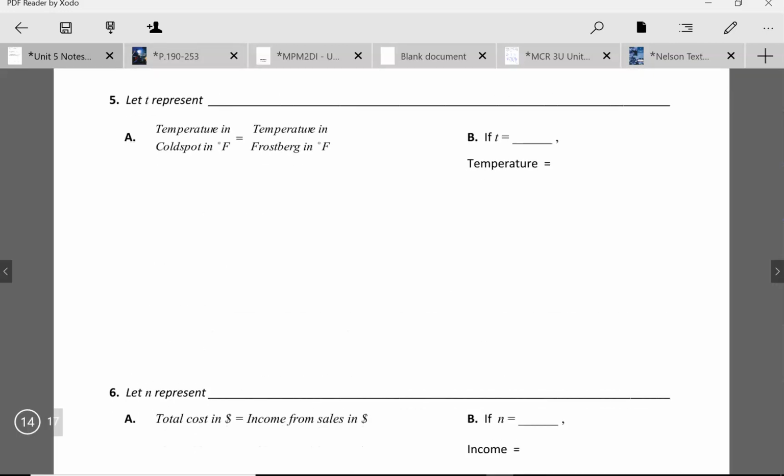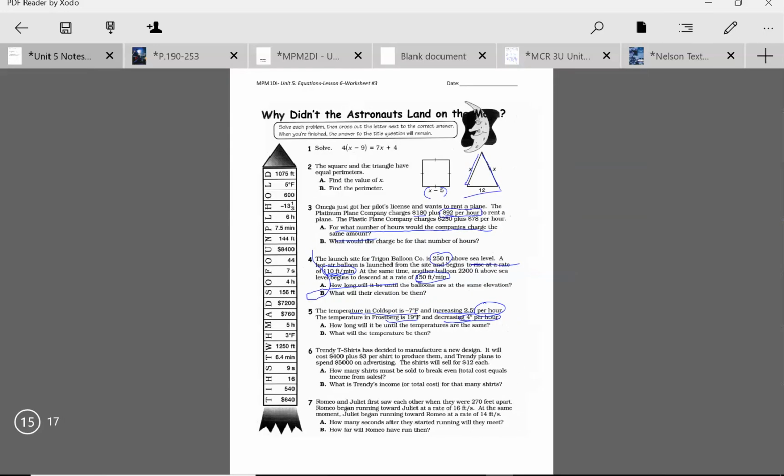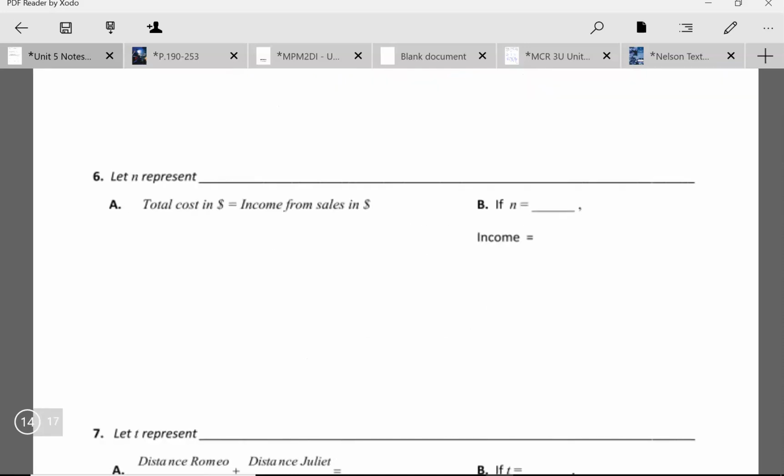Let t represent the time it takes for the temperatures to become the same in hours, since it's per hour.